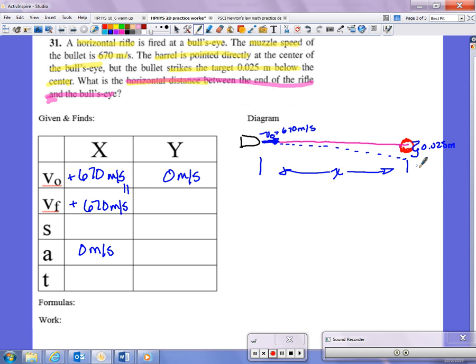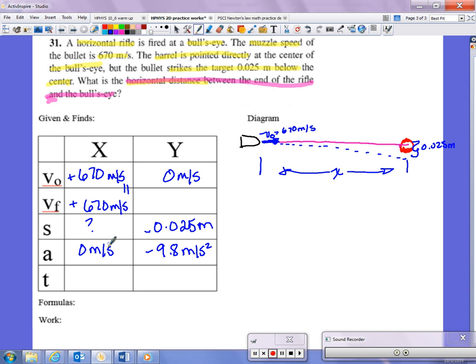We know that my y displacement is minus 0.025 meters because we are below where I started for my initial position here, and then we're being accelerated at negative 9.8 meters per second squared down. And we're trying to find this horizontal displacement right here.